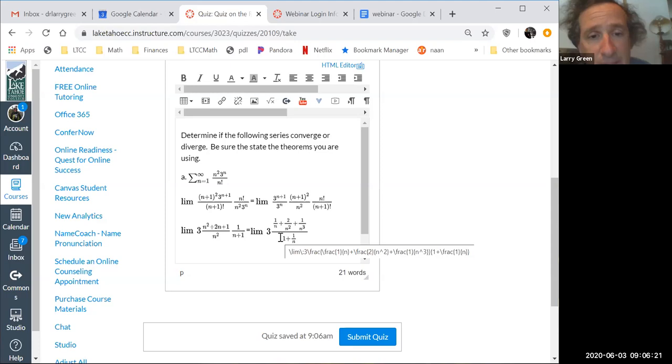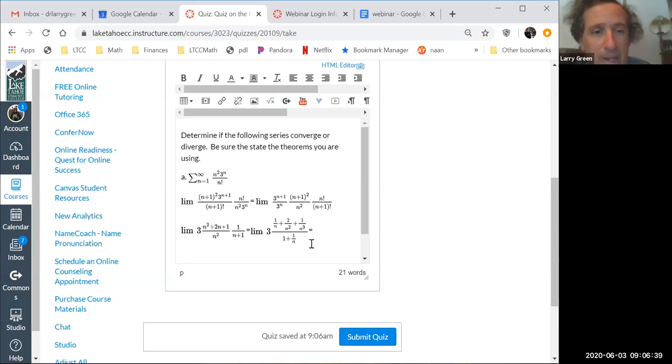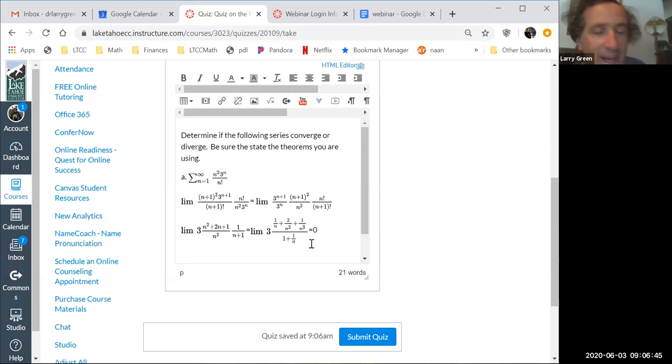Okay, now what happens when n goes to infinity? What happens to the numerator? Goes to 0. And what happens to the denominator? It's 1. So what is 0 divided by 1, times 3? 0. Okay, so that's the important thing. And what's important about the number 0 for the ratio test?